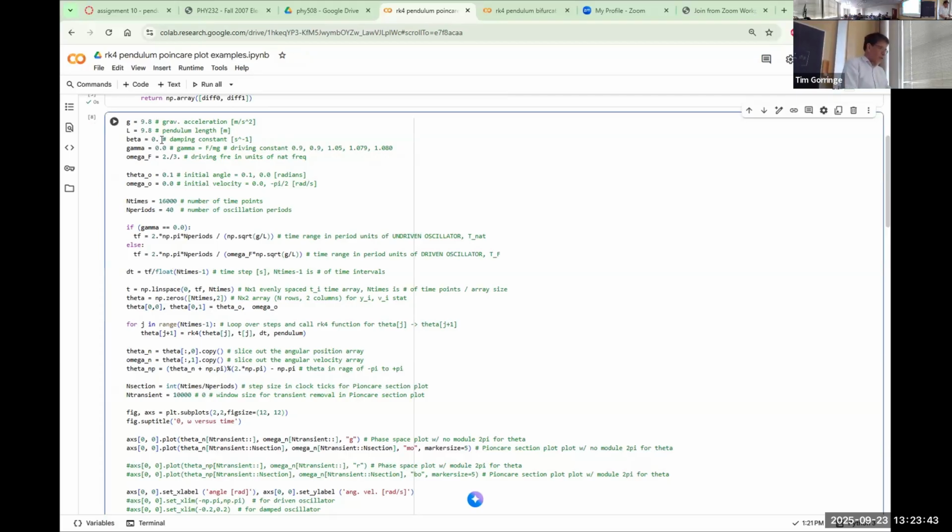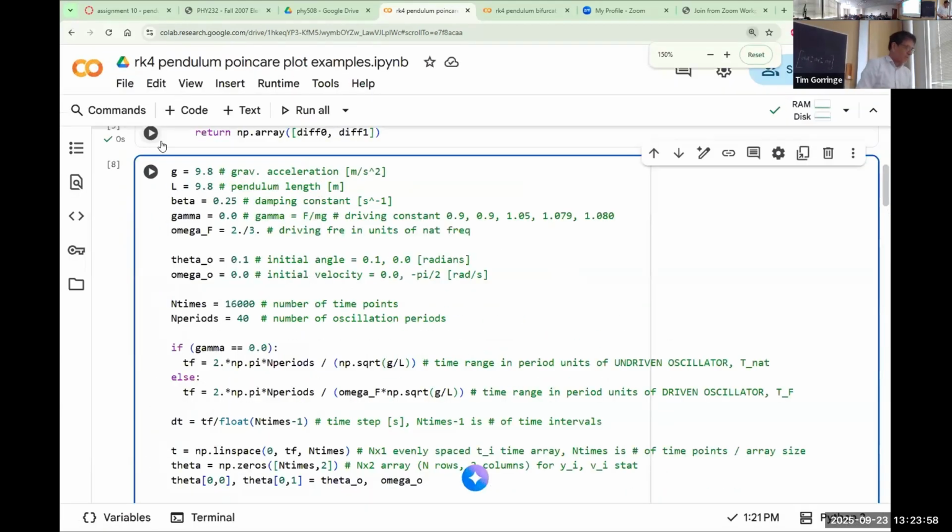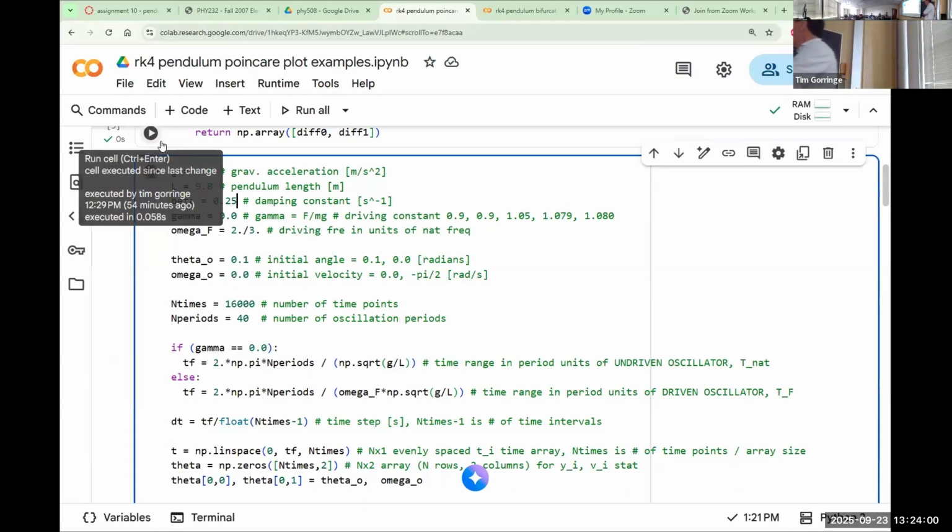This is just a matter of choice, an explanation. But when I started to switch on the driving force, I did all my simulations with a damping constant of 0.25. I'm going to make this bigger, so still under damped.